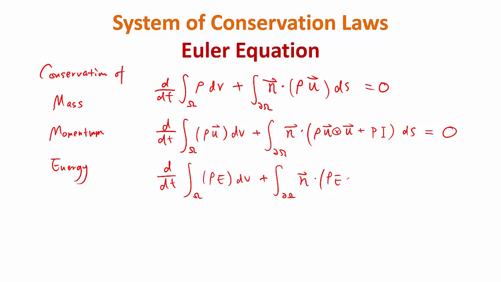So rho E times U. This is a vector. And also plus PU. So this is the amount of work done by pressure to the control volume. The source term equal to 0. Okay, and this pressure here is a function of rho and rho U and rho E, right?